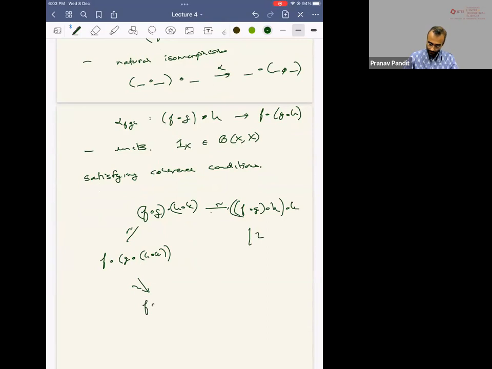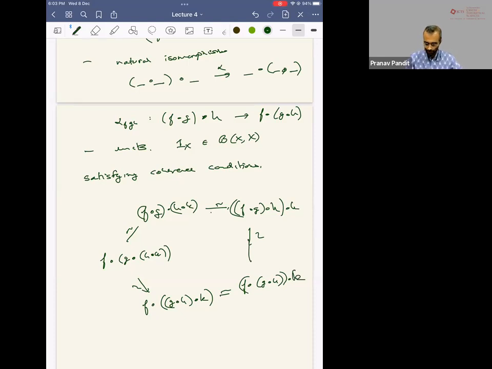So I get F circle G circle H circle K. Then I want to go from F circle G circle H. Okay, so this pentagon should be commutative.